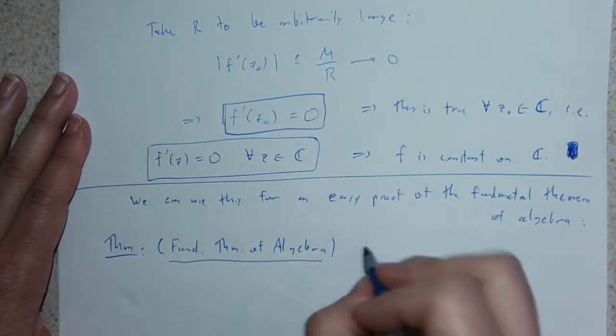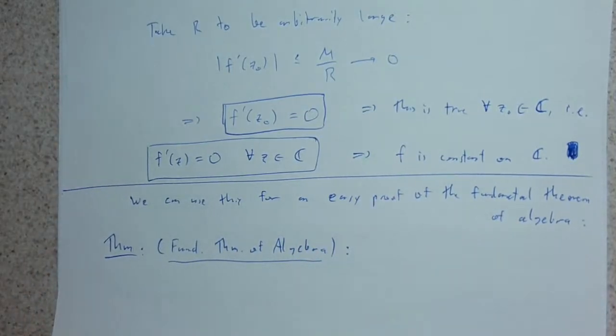What does the fundamental theorem of algebra say? It can be stated in many different ways. One, if you have more algebra knowledge, you could just say the complex numbers as a field are algebraically closed. Well, that's not going to be how we say this. The way that we're going to state this is as follows.